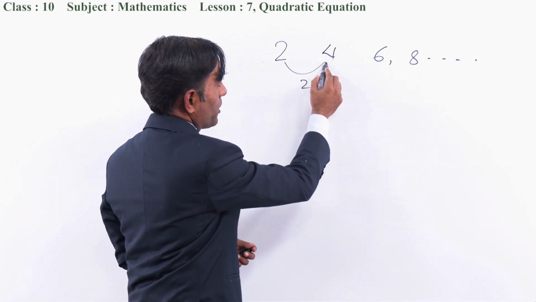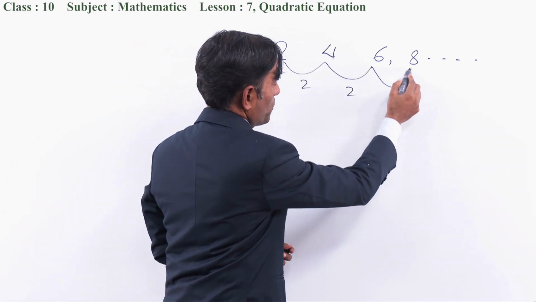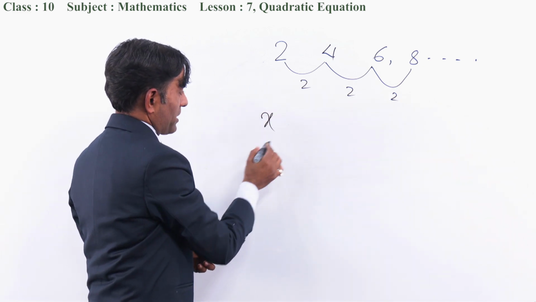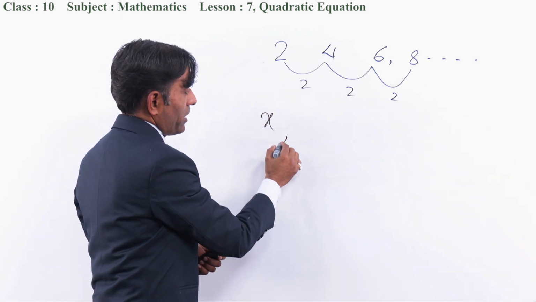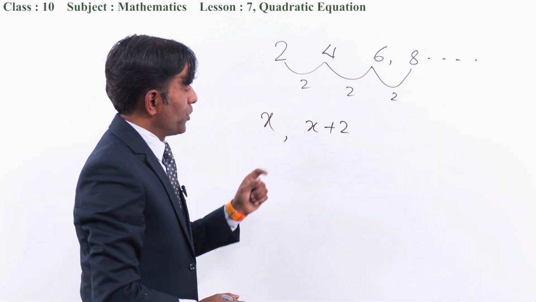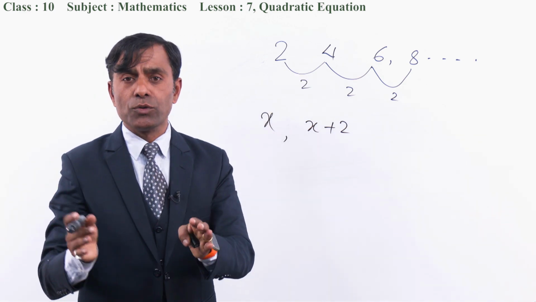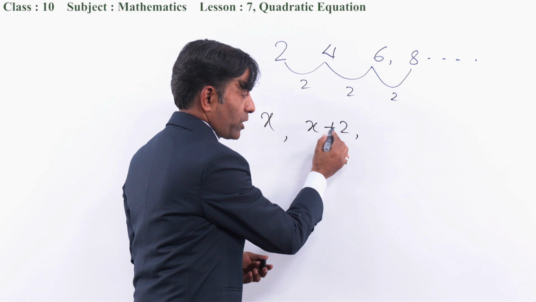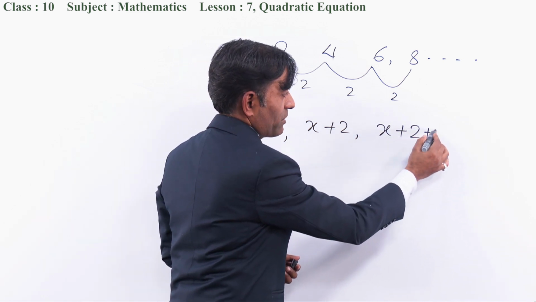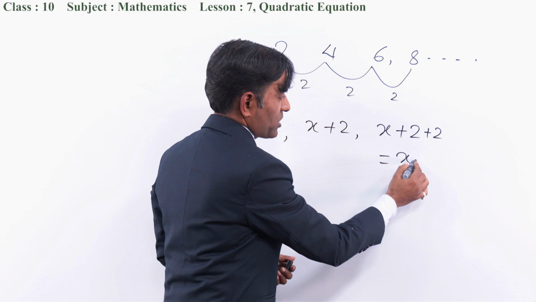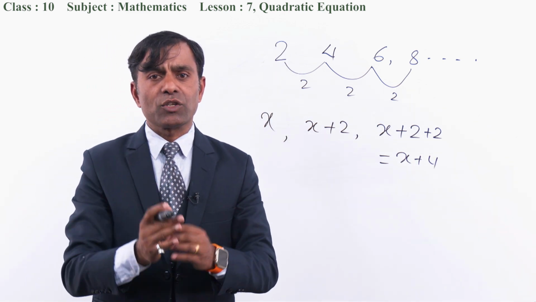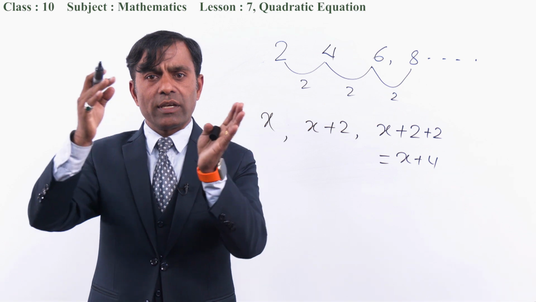It is 2, so when we suppose x, the next number should be x plus 2. Adding another 2, x plus 2 plus 2 is x plus 4. So we write x, x plus 2, x plus 4, x plus 6, x plus 8 and so on.